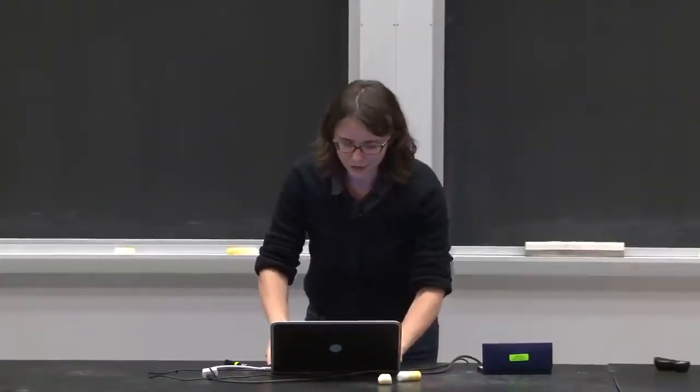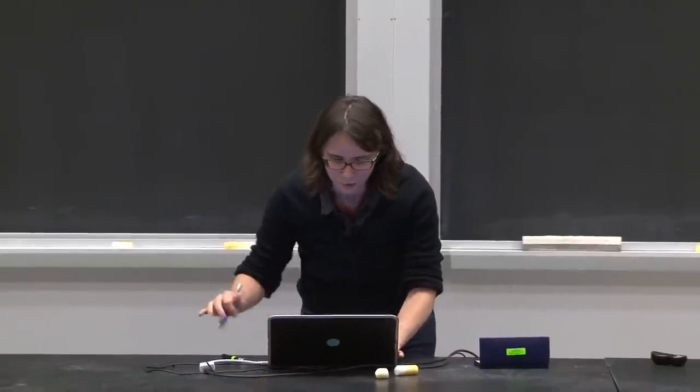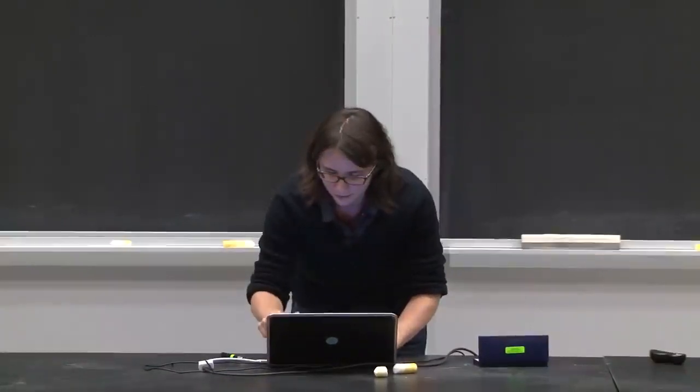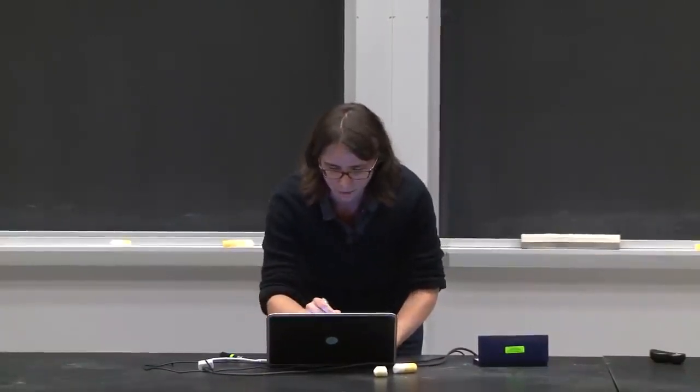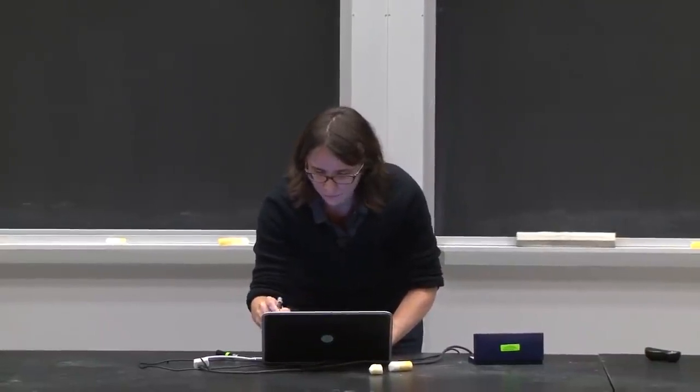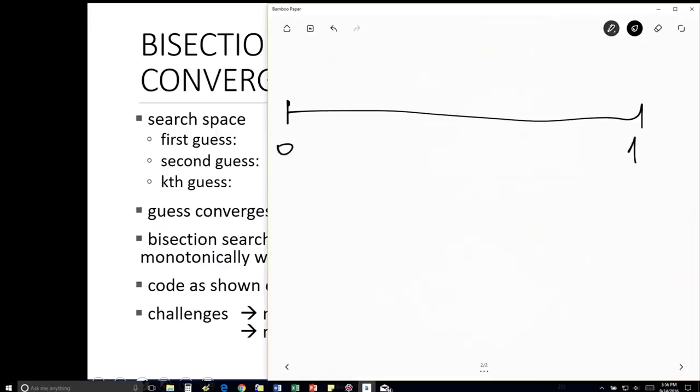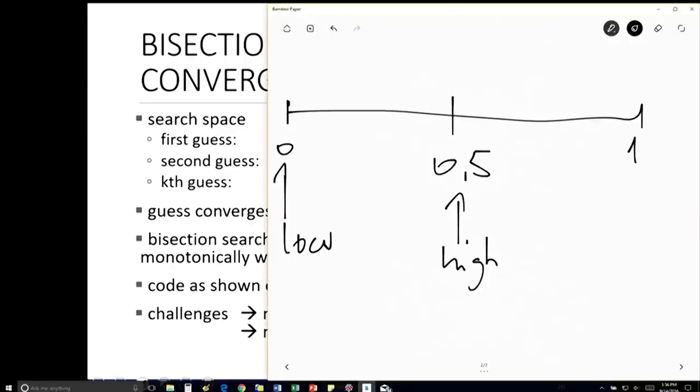One last thing I want to mention is that the code I showed only works for positive cubes, and that's because of the following. I have this 0 and 1. Let's say I'm trying to find the cube root of 0.5. When I first set my initial boundaries, my low is this one, and my high is this one. But what's the cube root of 0.5?